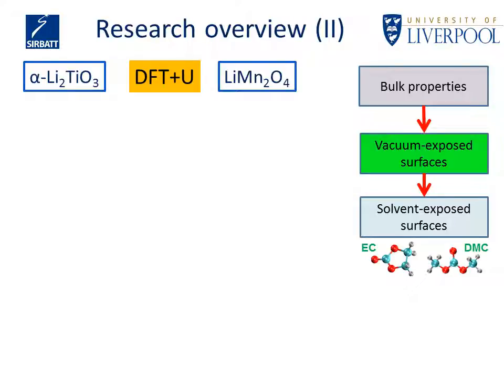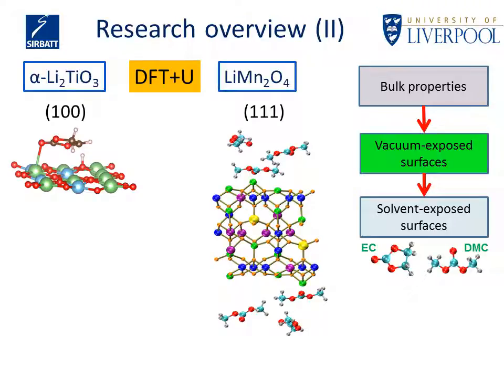To this purpose, we considered two different examples of electrolytes, ethylene carbonate, EC, and dimethyl carbonate, DMC. Here we see examples of the adsorption pattern of EC molecules over the 100 alpha lithium surface and the 111 lithium manganese oxide surface.